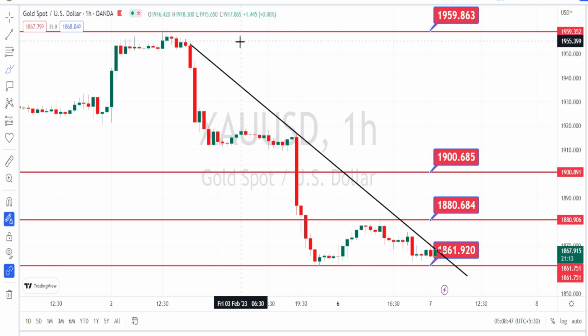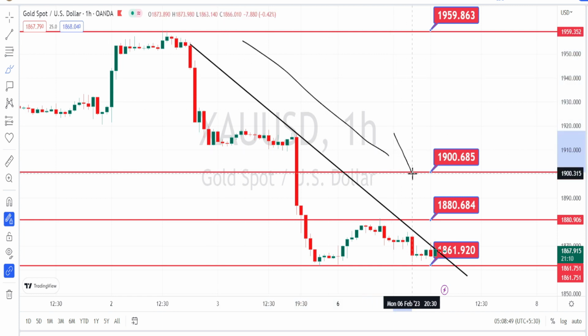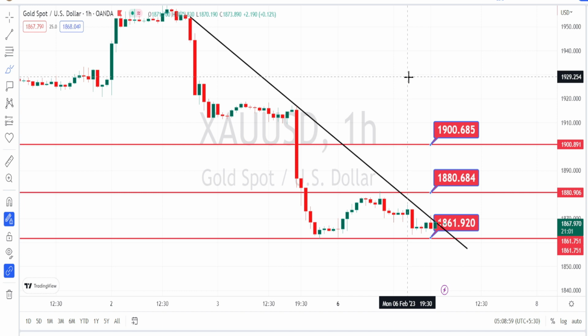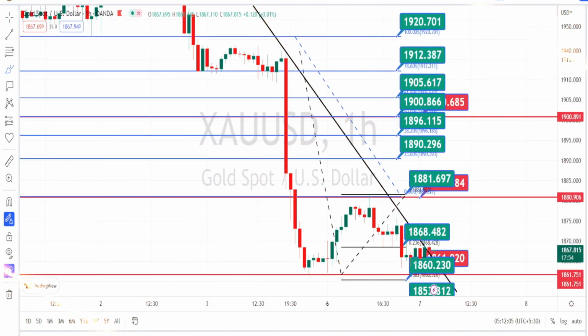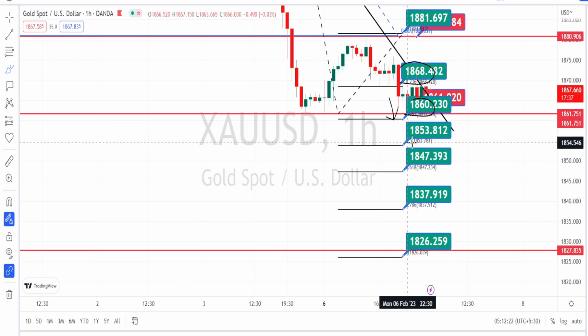For now, the current trend of the price action in the higher time frame is in a bearish trend. Let us mark the support and resistance levels. So currently the price action is trading between the resistance level of 1868 and support level of 1860. Once the support is broken, next level of support on the bearish side is going to be around 1853, 1847, 1837 and 1826.